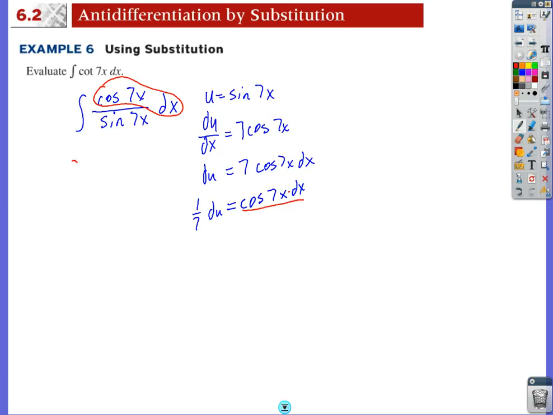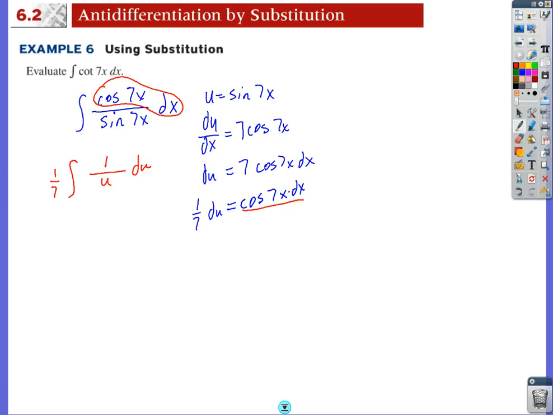So now I have the integral. I have, let's see here, the sine of 7x is just going to be u. The cosine 7x dx is 1/7 du, so the du goes here. The 1/7 part I can automatically bring out over here, but what's left on top?